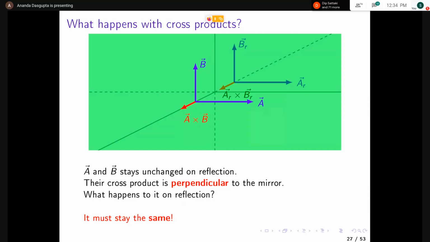Notice A cross B is directed away from the plane of the mirror, yet it must stay the same because neither A nor B has changed. So this is the first indication the cross product of two vectors actually is very different from a vector. When you reflect, A and B in this case have stayed the same, so A cross B must stay the same despite being perpendicular to the plane of reflection.